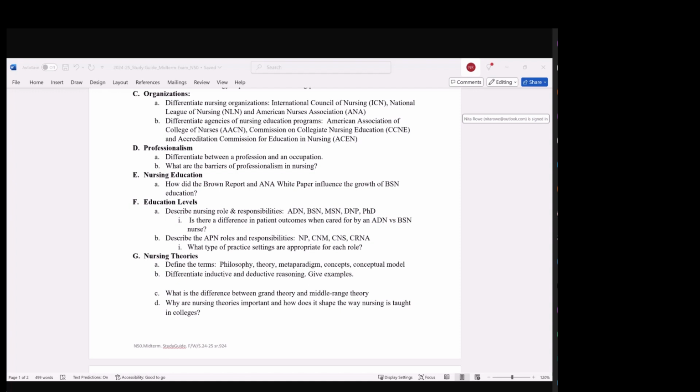It's more theoretical, more abstract. The middle range theory is more towards the ground, the practical. Okay, it's the best of both worlds, practical and theoretical. So the middle range theory is the one that is more blended. Okay, so again, look at those definitions as well.